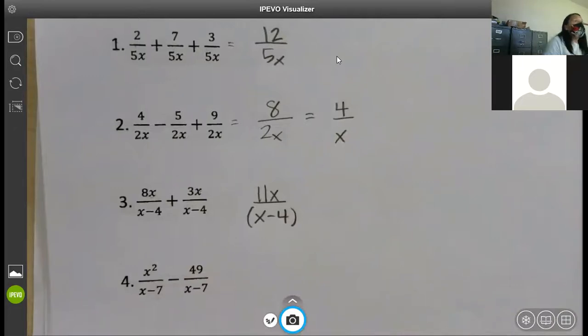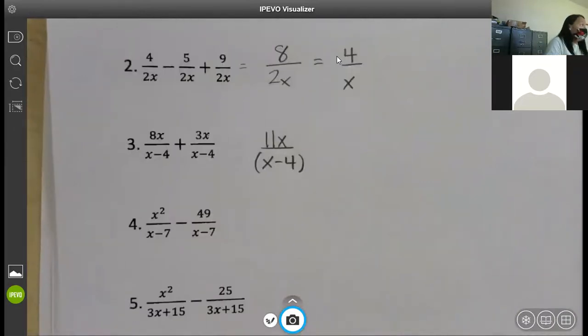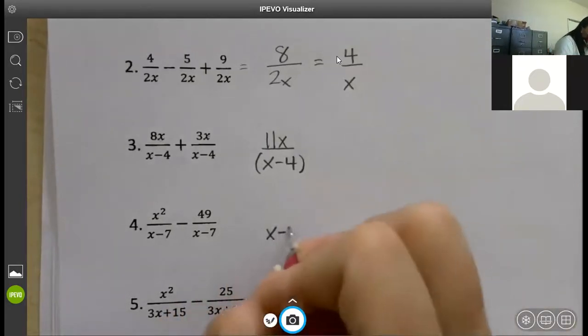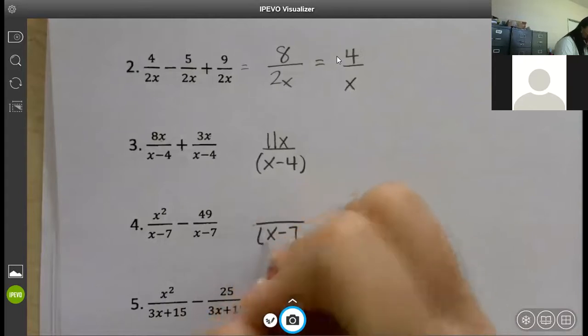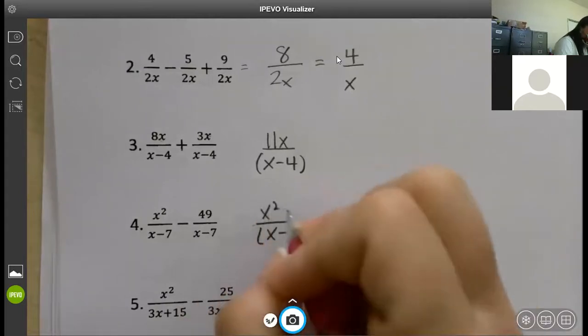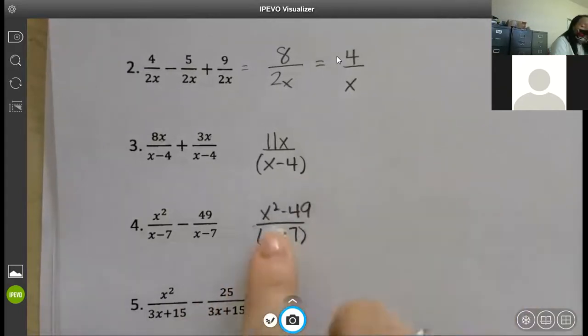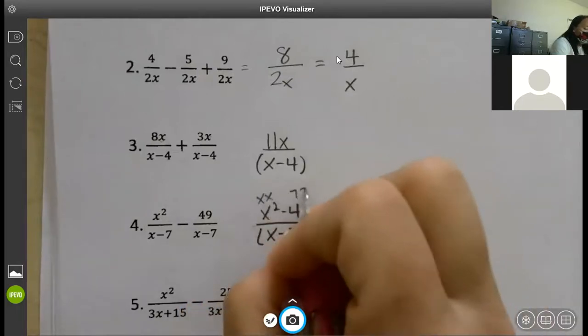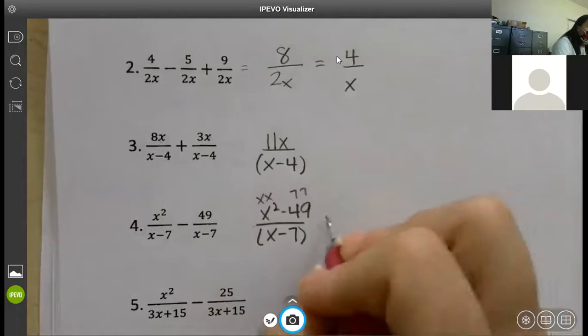If you have not done it, I am going over it now, and you should submit it after we finish. Got it? All right. x minus 7 is your common denominator. On the top, you're going to have x squared minus 49. If there's an x squared, you want to make sure that you try to factor it. These are perfect squares, or pairs and shares.